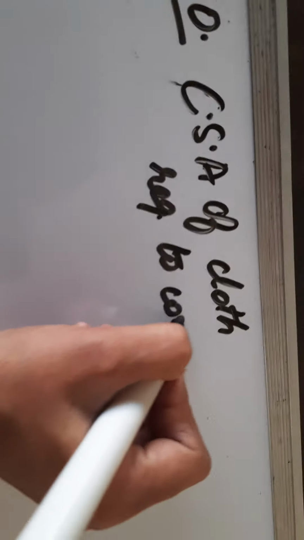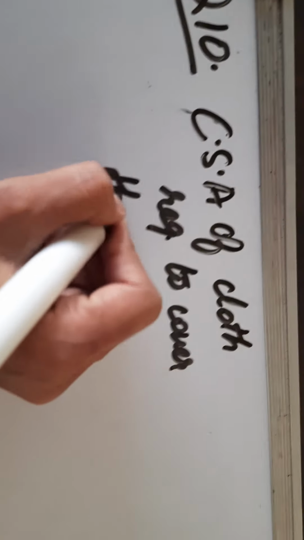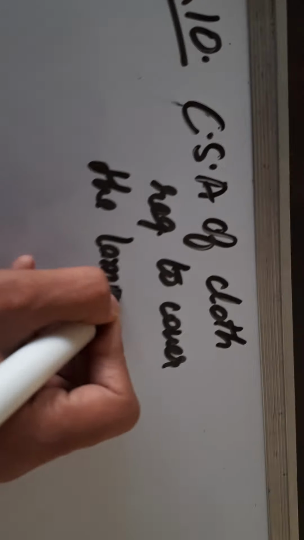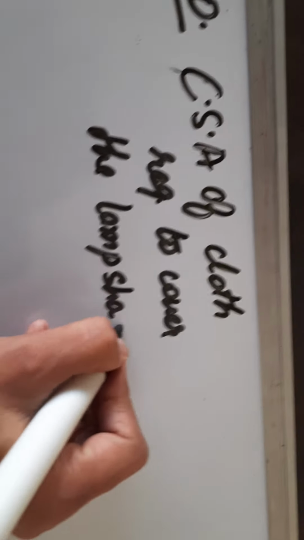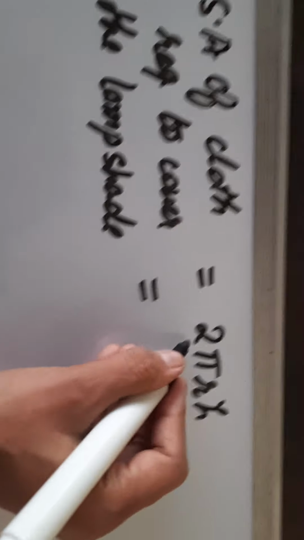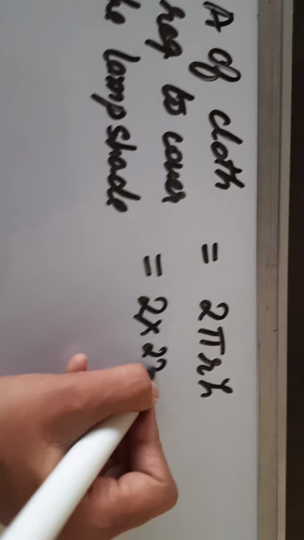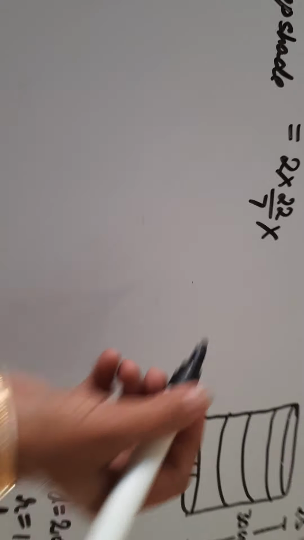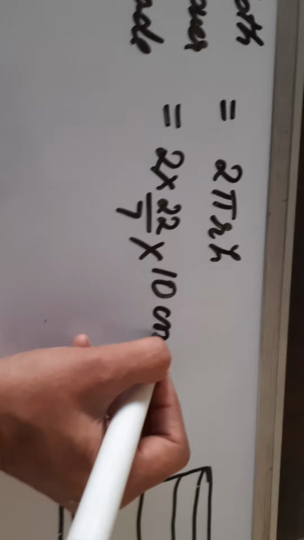to cover the lampshade is equal to 2 pi RH. So just put the values: 2 into 22 by 7 into radius. We have calculated the radius as 10 centimeter into height. We need to take the total height.